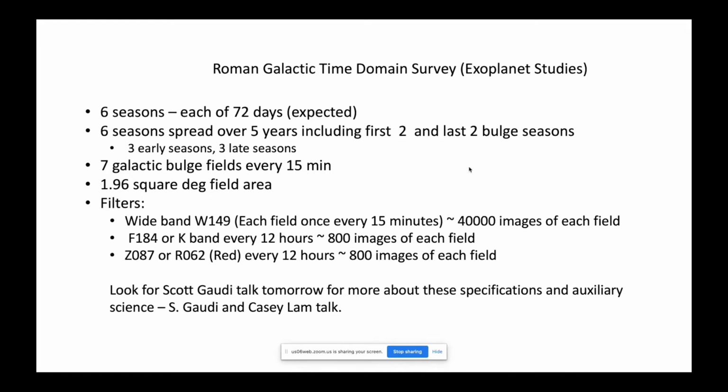We are also looking at 2 other filters, one more red and one a little bluer, and we plan to observe in these 2 other filters every 12 hours. So each epoch, we might have about 800 images of each of these fields in these 2 different passbands as well. In this talk, I will focus more on the exoplanet studies we can do with the Roman Galactic Time Domain Survey.